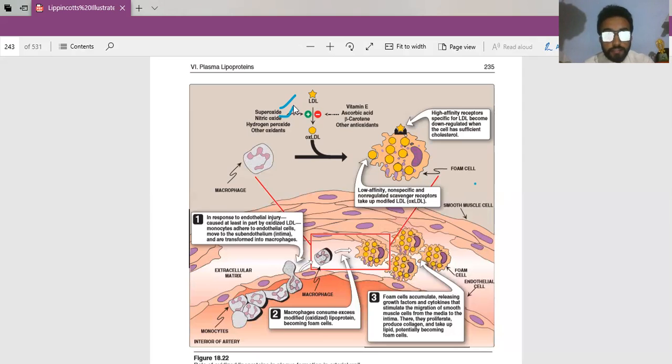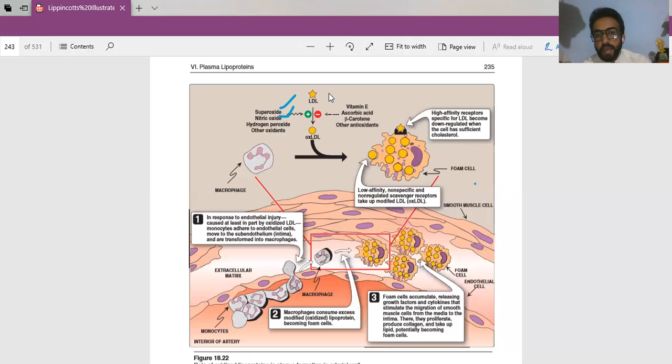These are also known as prostacyclins, and hydrogen peroxide and other oxidants. So these low density lipoproteins are then oxidized by these free radicals.